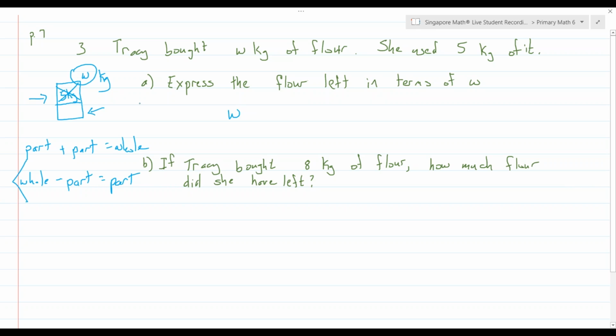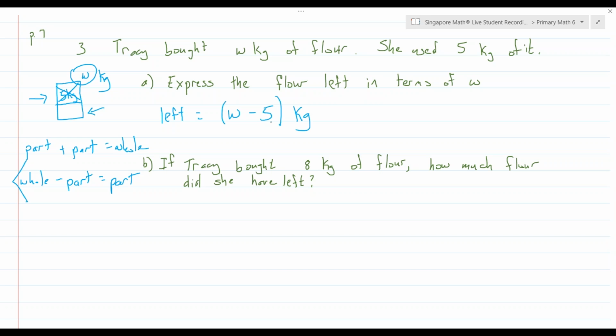The amount that she used is 5 kilograms, and if I subtract those, what she has left is that other part in the picture. So the flour that she has left in terms of W, we would write W minus 5, use a parentheses, and put units. Of course, we're still going to put units. We never stop putting units.